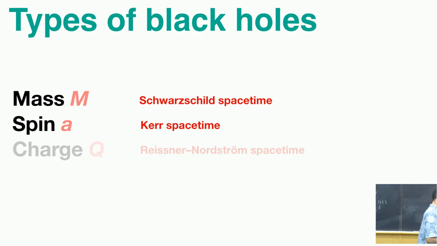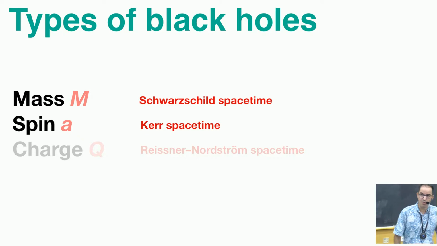So in astrophysics, you cannot have black holes with significant amounts of charge because they get discharged very quickly. So people don't really consider charge to be an important parameter for astrophysical black holes, at least not gravitationally significant amounts of charge.